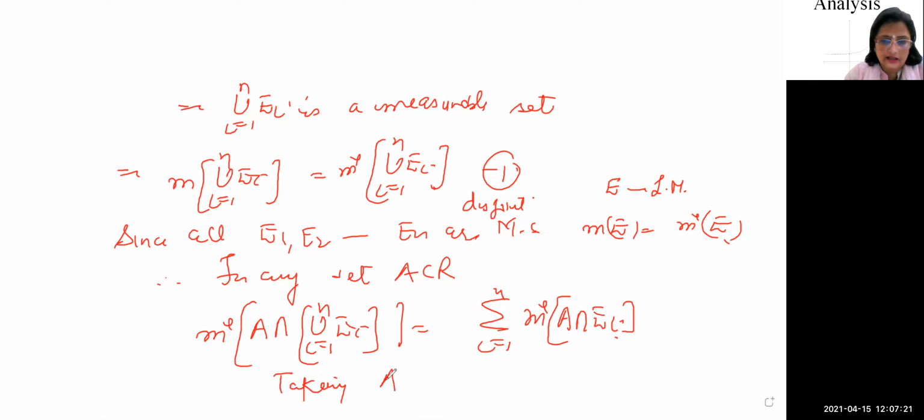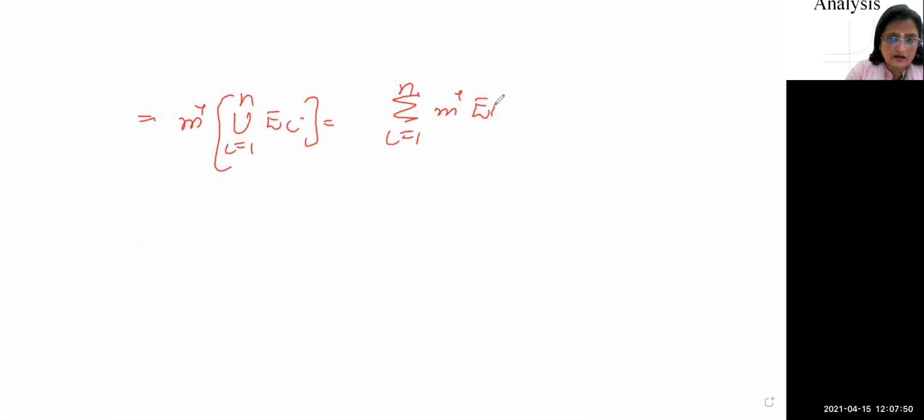Let us take A equal to capital R. R is the universal set, so in the intersection, the union remains on the left and Ei remains on the right. It implies m star of the union of Ei, i running from 1 to n, is equal to the summation i running from 1 to n of m star of Ei, right?